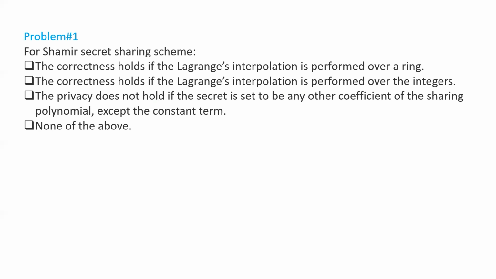The third statement says that privacy does not hold if the secret is set to be any other coefficient of the sharing polynomial except the constant term. By convention in Shamir secret sharing, for the degree T polynomial that we take, we fix its constant term to be the secret. But that does not mean that if we initialize any other coefficient of the polynomial to be the secret, the scheme will not work.